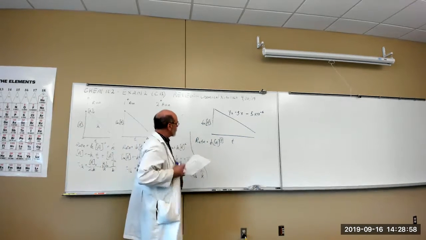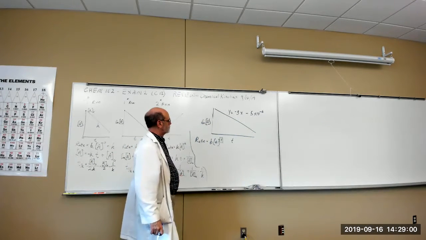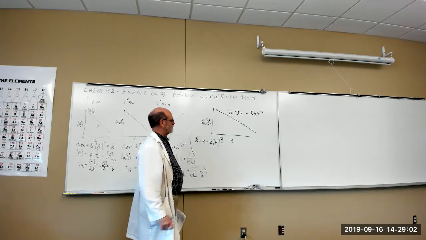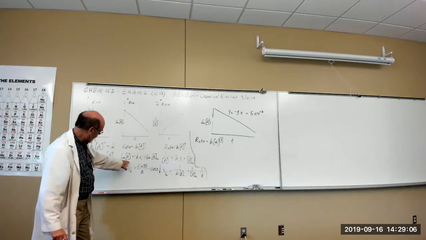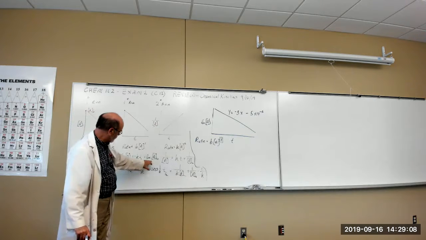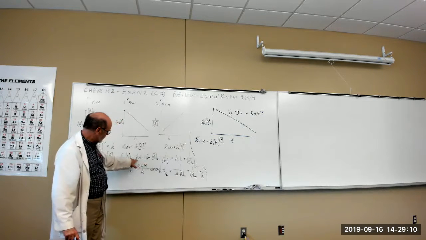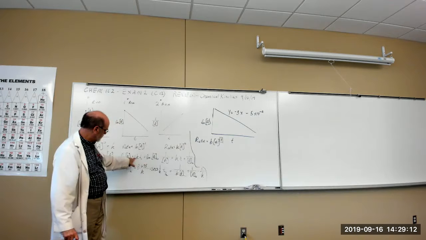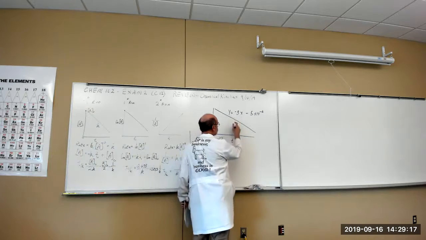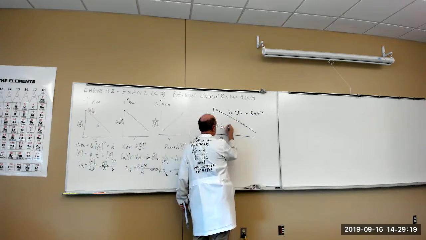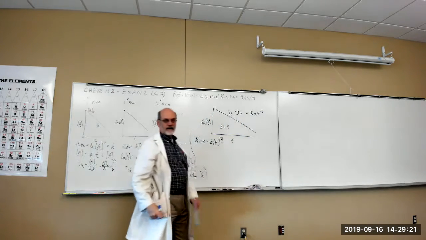What's the value of the rate constant? Well, if we're plotting y equals mx plus b, the k is the negative of the slope. So if the slope is negative 3, k is equal to 3, isn't it?